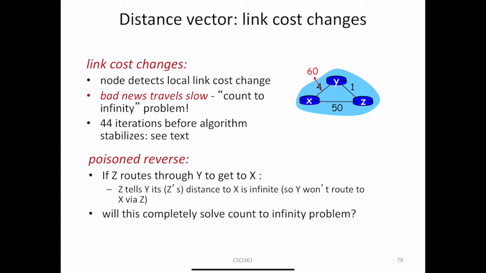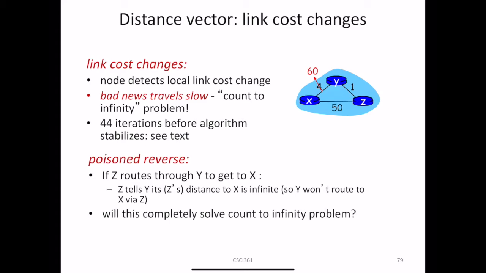If the link becomes worse, for this example, the link cost changes from 4 to 60. So the node detects the local link cost change, and this time, the bad news will travel slowly because it will encounter the count to infinity problem.